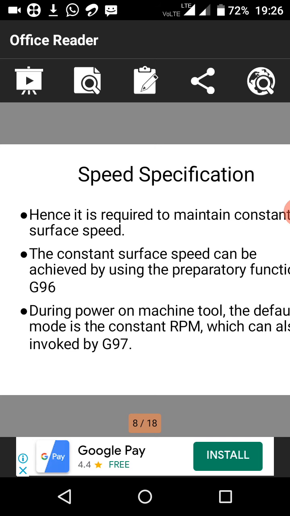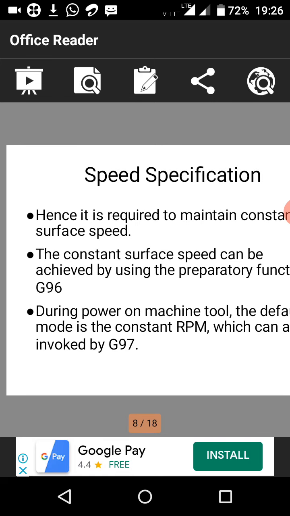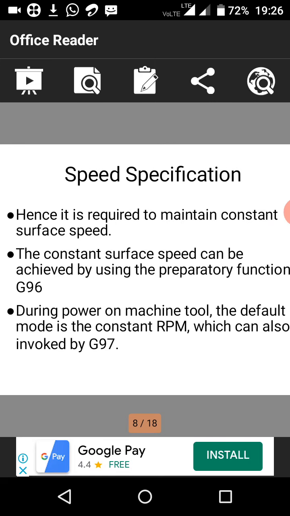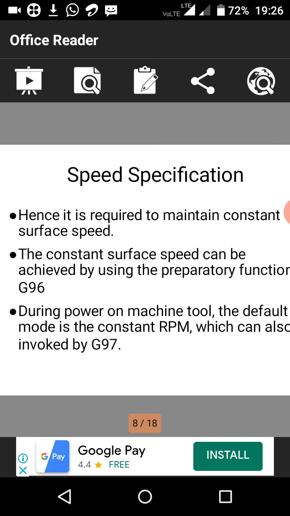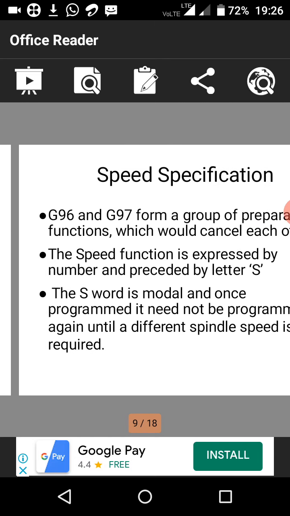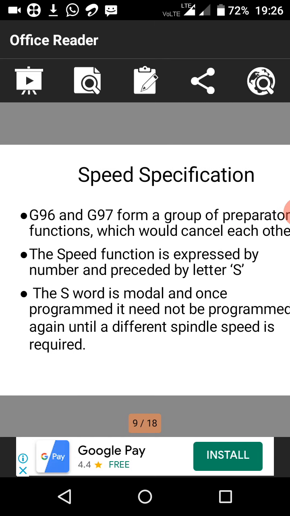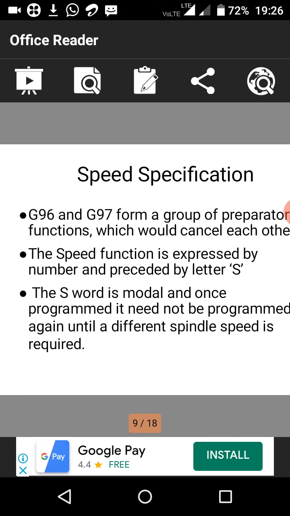During power on of the machine tool, the default mode is constant RPM, which can also be invoked by G97. This G97 we write for RPM. So G96 and G97 are specified for the speed rate, and as a group of preparatory functions they cancel each other.